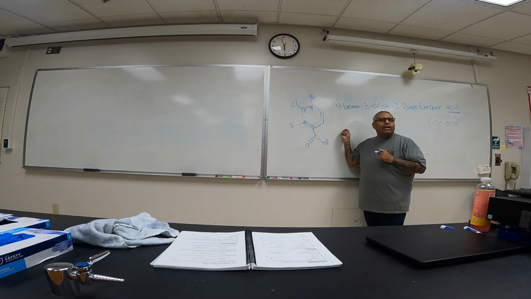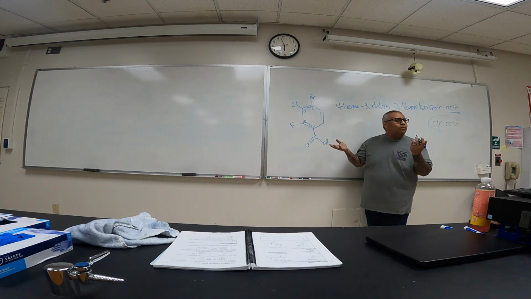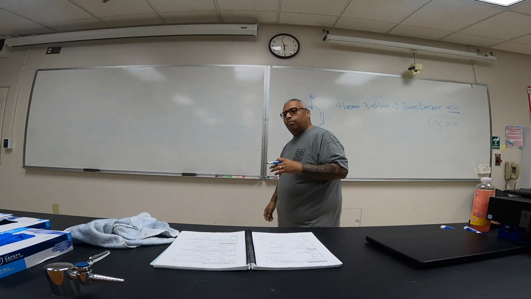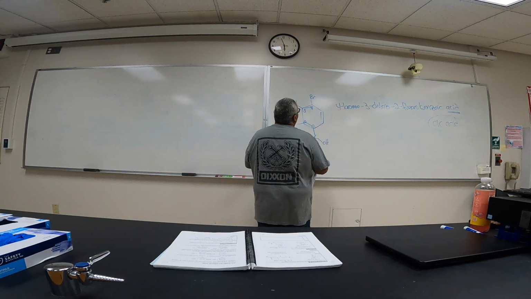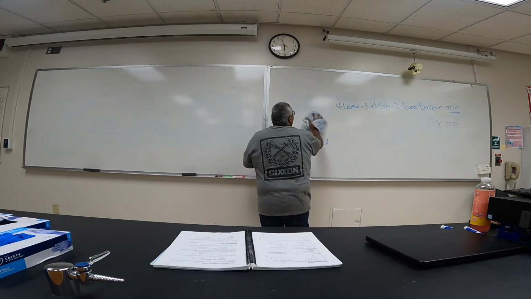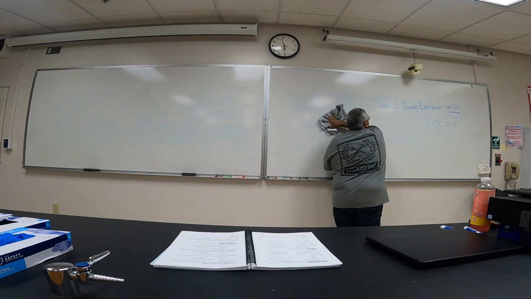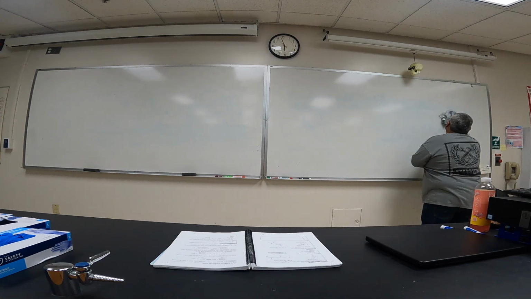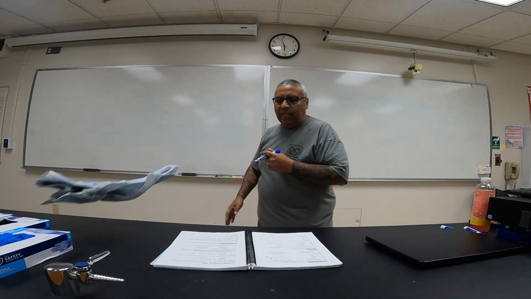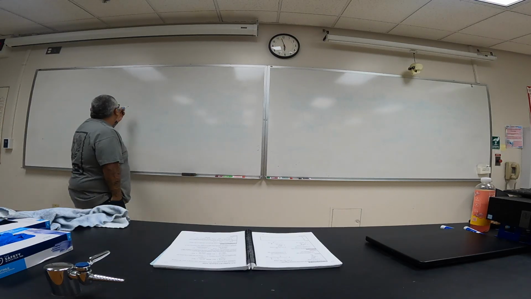Is it one of the 6 strong acids that you memorized? No. So it's a weak acid because it's not one of the 6 that we memorized, way back when we were in chapter 6. So carboxylic acids are weak acids, but nonetheless, they are acids.